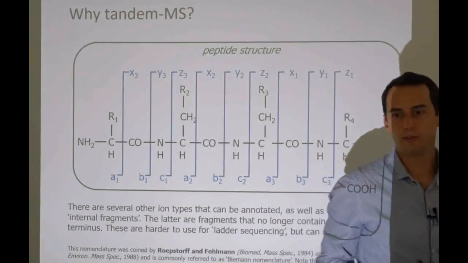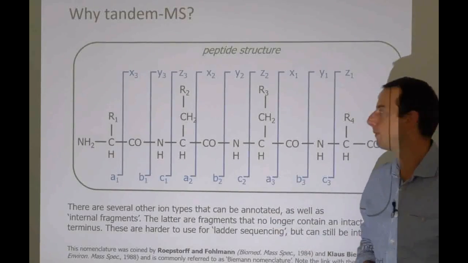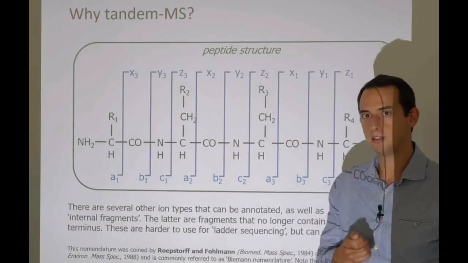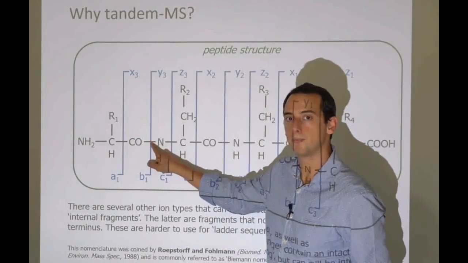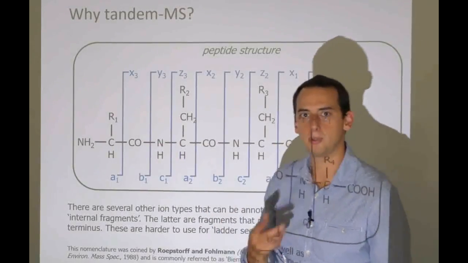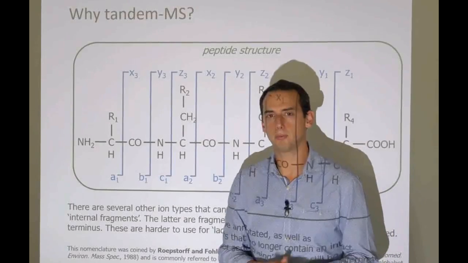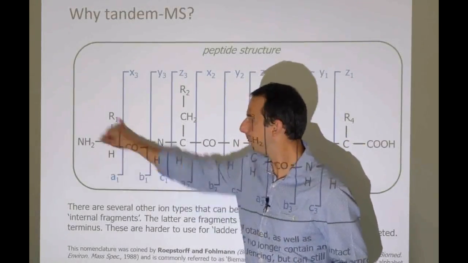Now, the question is, which of these ions are we most likely to see when we fragment a peptide? It depends a little bit on the fragmentation method, and we'll get into that in some more detail later. But you should remember again that this is the weakest bond, okay? It kind of makes sense because we can use a reasonably gruesome analogy again. The gruesome analogies I apologize for, but they're quite useful in making you remember things. Imagine that this is a person.